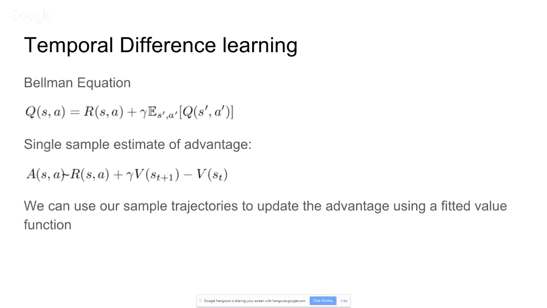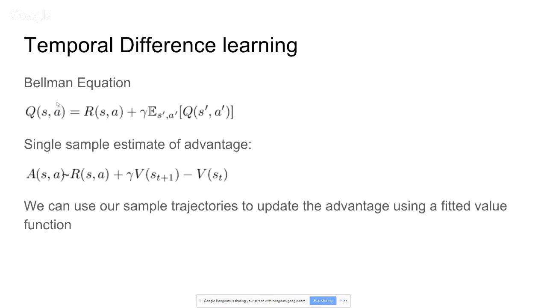When you have the correct value function, this equation is true: the Q value is equal to the expectation of the reward plus some discount factor times the expectation of the Q value of the next state and action. And this is over a distribution of next states and actions. So you start in state S, and then you take action A.